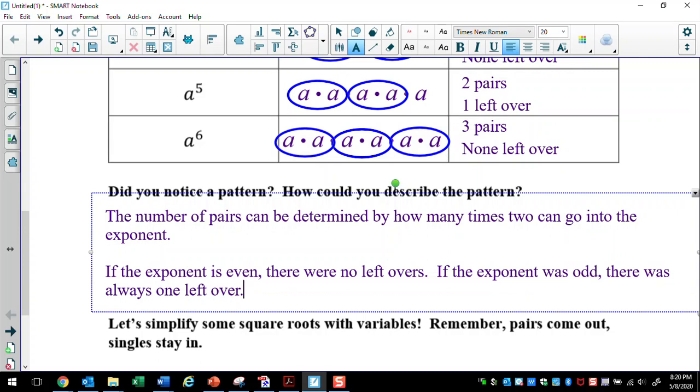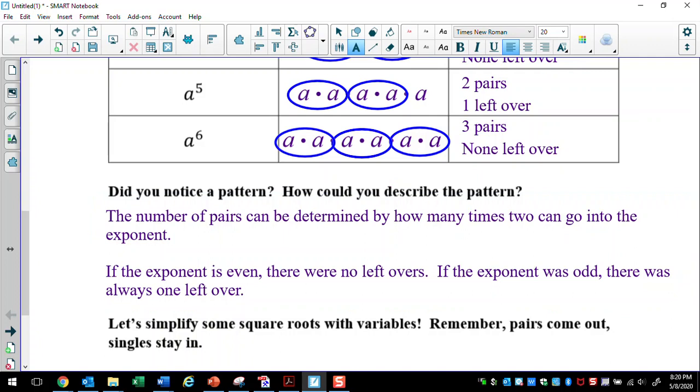All right, so two different little patterns that we could see. You could utilize this to help you when we go into simplifying square roots that involve variables.